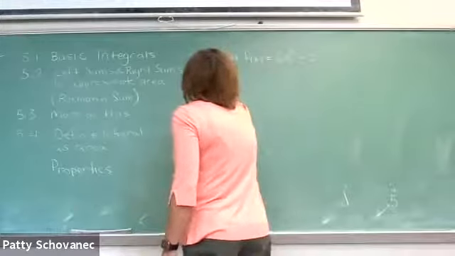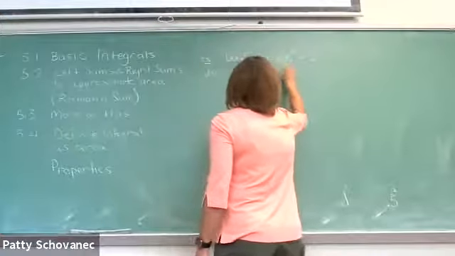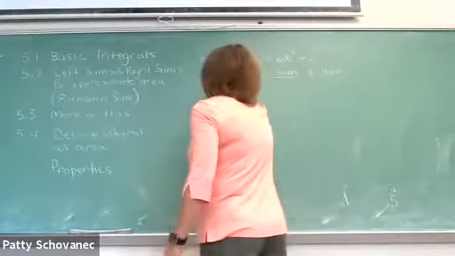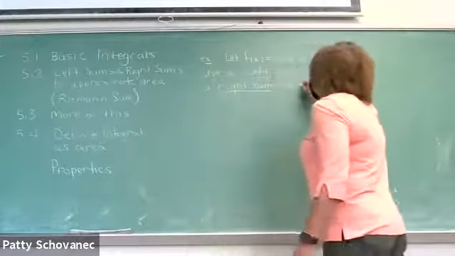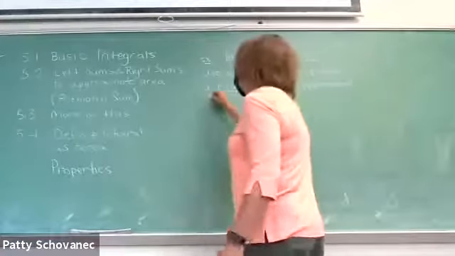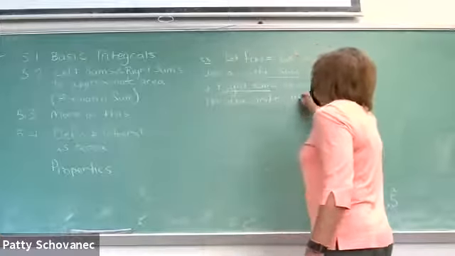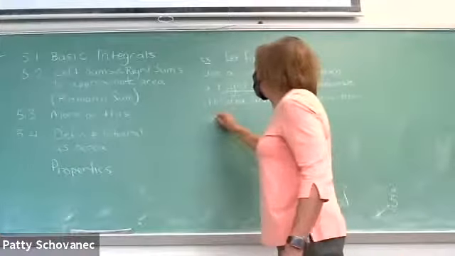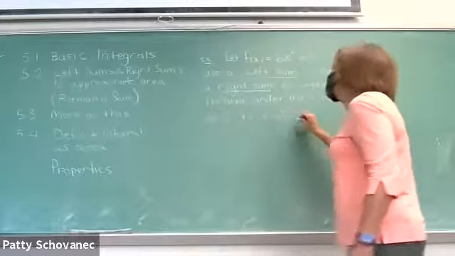Let's use a left sum and then a right sum to approximate the area under this curve from x is -1 to x is equal to 3.